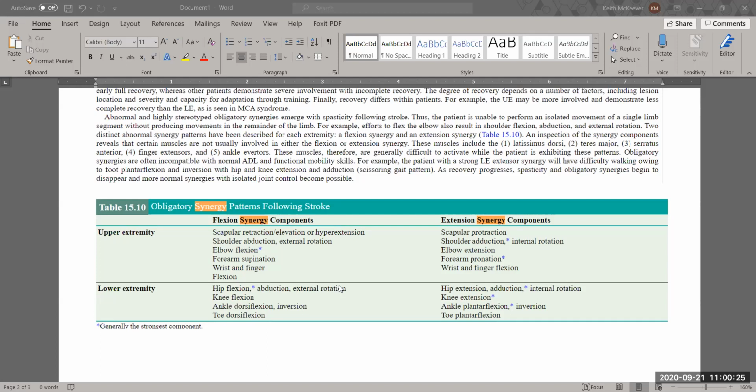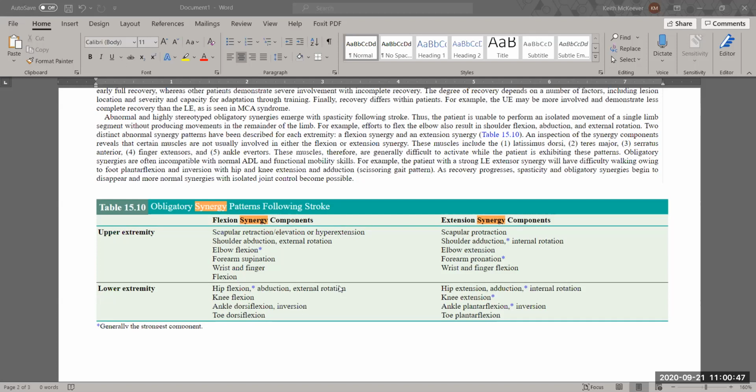Now, sometimes, and again, this is not for the boards, when we're dealing with somebody using specific forms of neuro reeducation in the initial stroke phase, they may promote those synergy patterns while the patient's in the inpatient acute phase, because they may be able to use those to help them get out of bed.